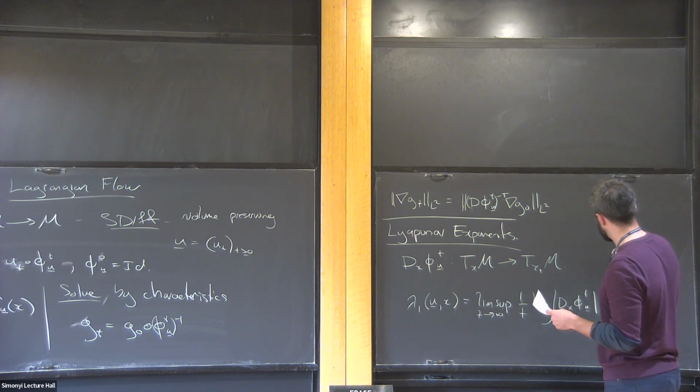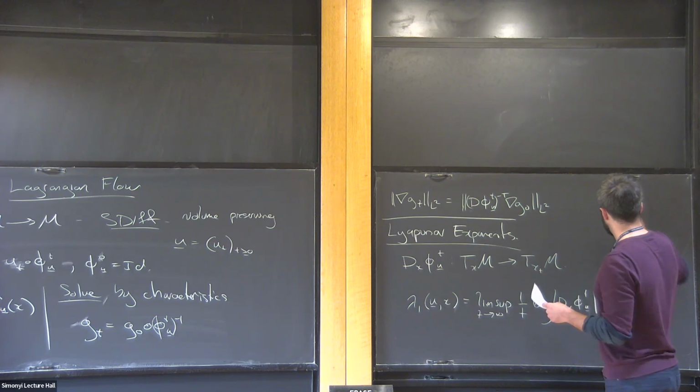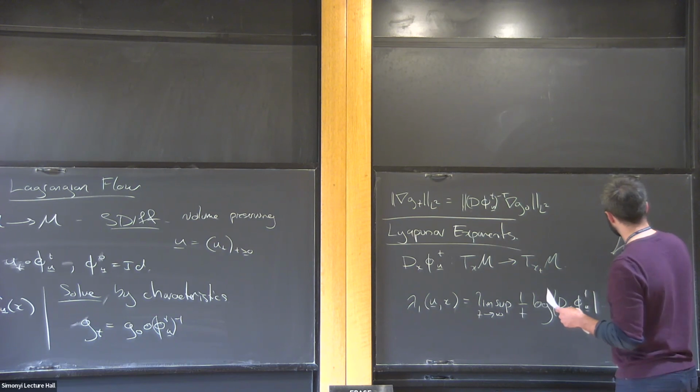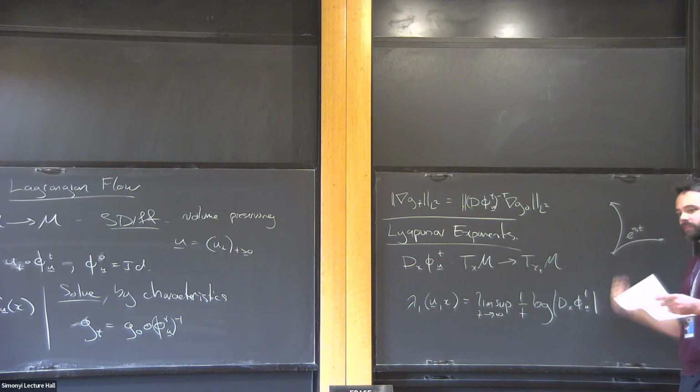The picture you typically want to have in mind is that if I have two trajectories that are infinitesimally close to each other, they are at least locally separating like e to the λ1 t. So in particular, if λ1 is positive, you have divergence of trajectories.